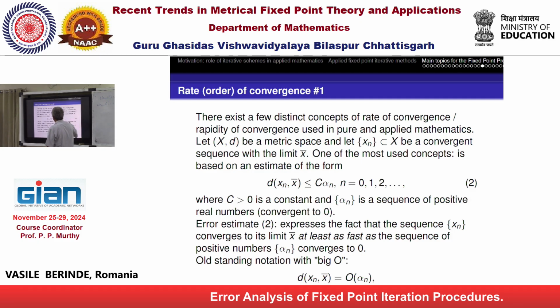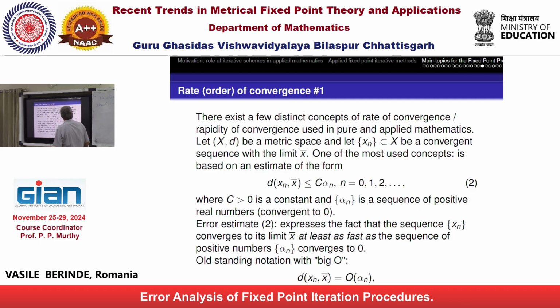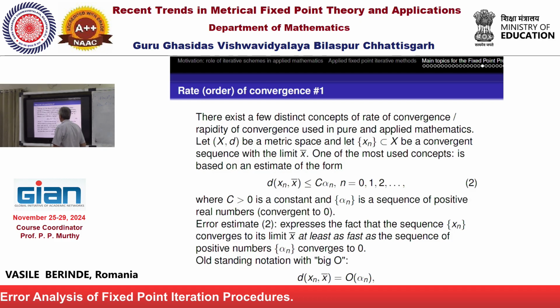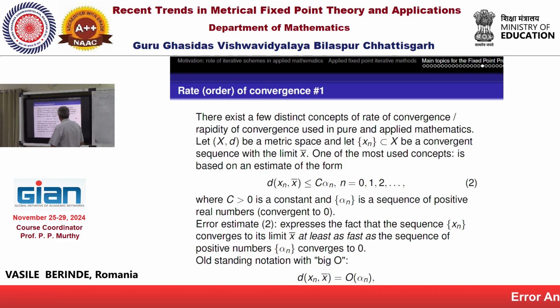If we have such an error estimate where alpha n is a sequence of positive real numbers which converges to 0, then this error estimate is very useful. What does it say for us?